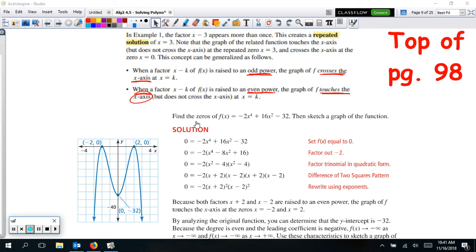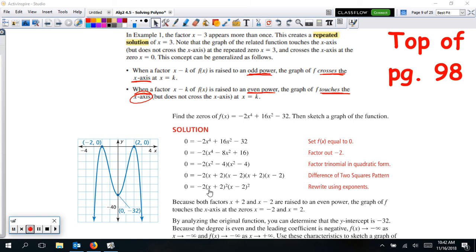But if it's an odd power, if this power was 3 or 5 or something like that, or even 1 for that matter, then the graph crosses the x-axis at that point. So it will go through the x-axis at that point.